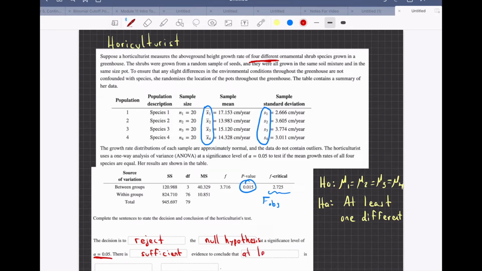At least one population mean is different from at least one other population.